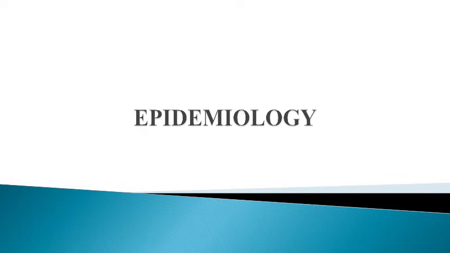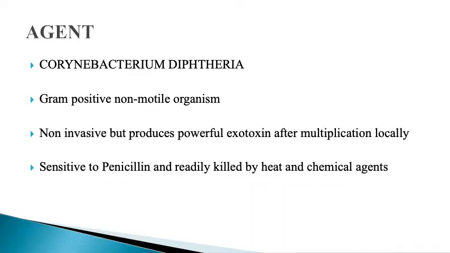Coming to the epidemiological determinants of the disease. First, the agent. The agent, as I said earlier, is Corynebacterium diphtheriae. It is a gram-positive, non-motile organism. It has no invasive power but produces powerful exotoxin after it multiplies locally at the place of invasion.